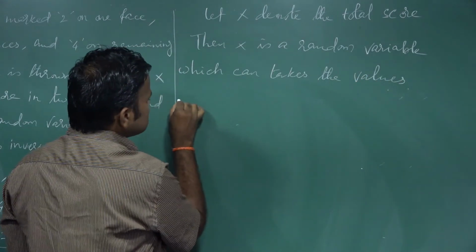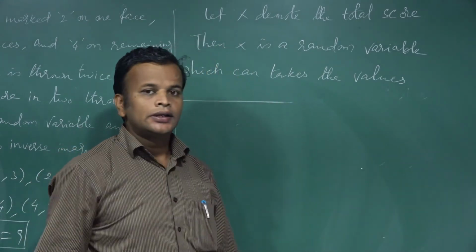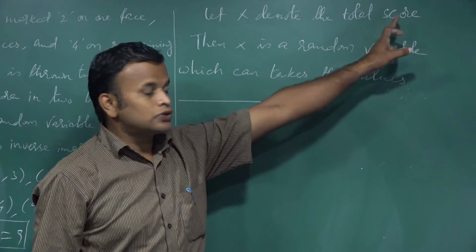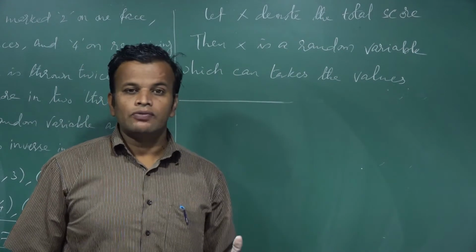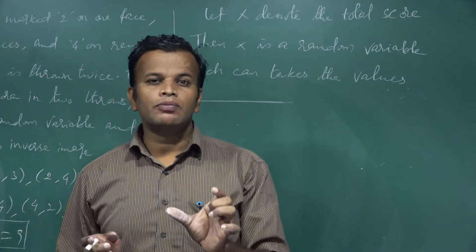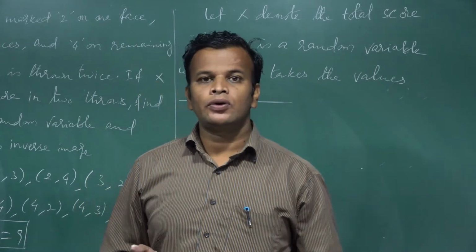The values of X are very, very important. We already said X denotes the total score. Then X is a random variable which can take the values. We already said what the minimum and the maximum total score are.